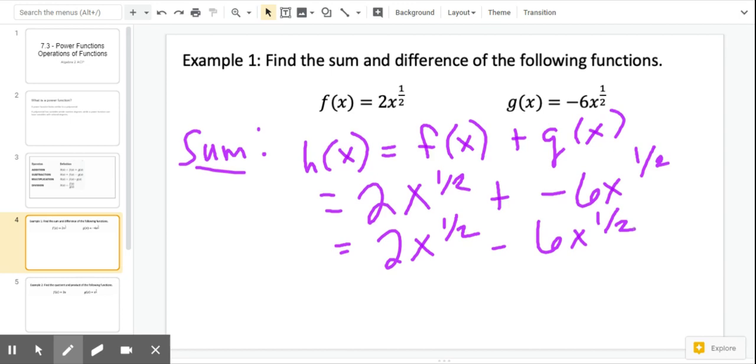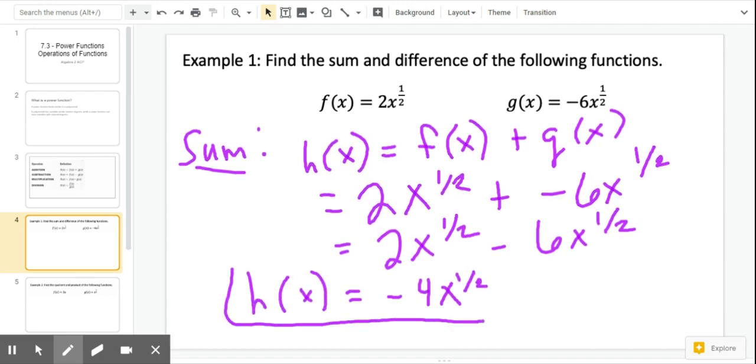Since these both have the same variable part, that means they're like terms. We have x to the 1/2 and x to the 1/2. They're like terms, which means we can combine them, so we combine the coefficients. 2 minus 6 is negative 4. And then we have x to the 1/2. That's our new function that we found by finding the sum of those two.